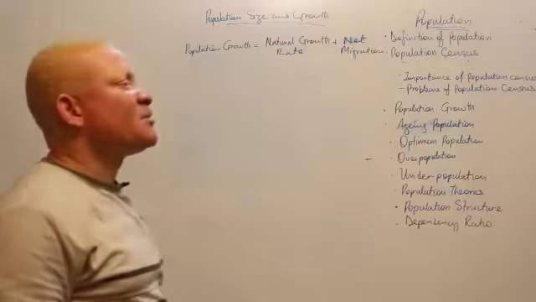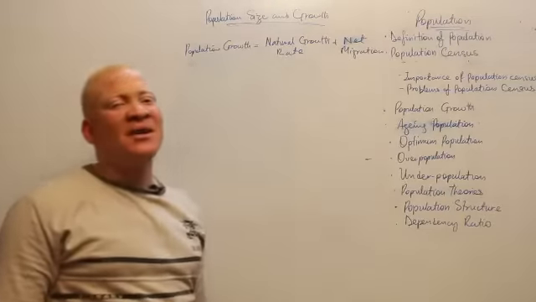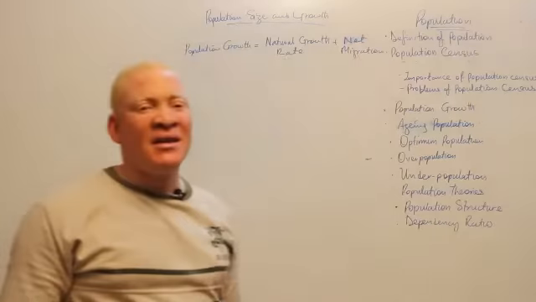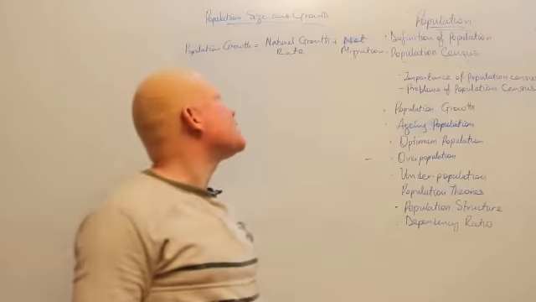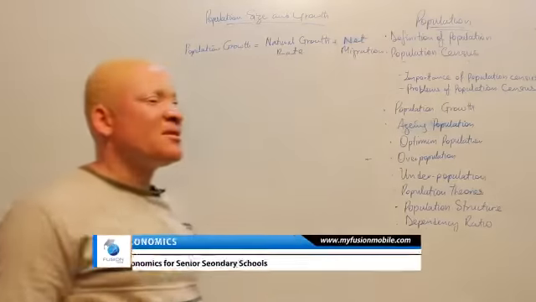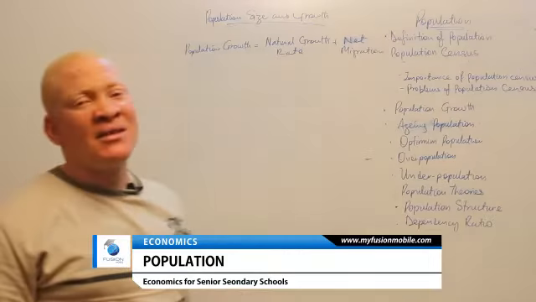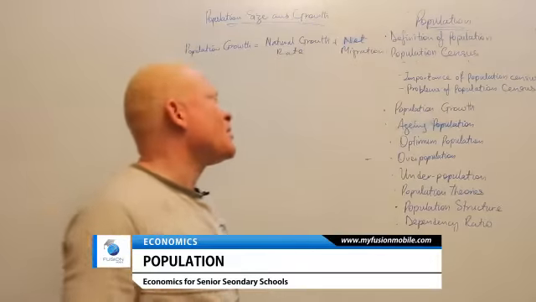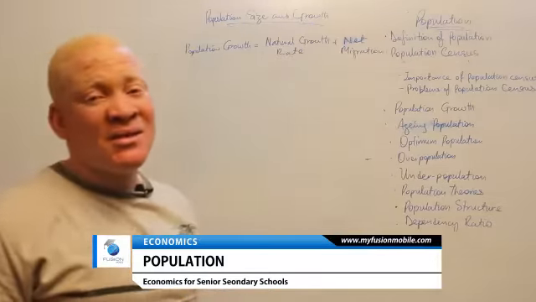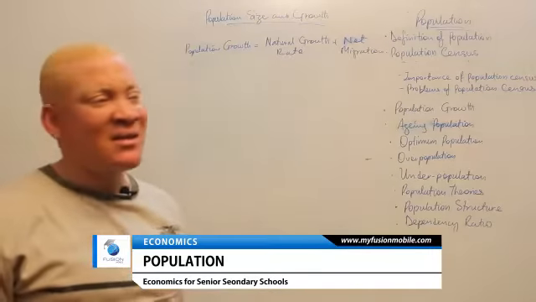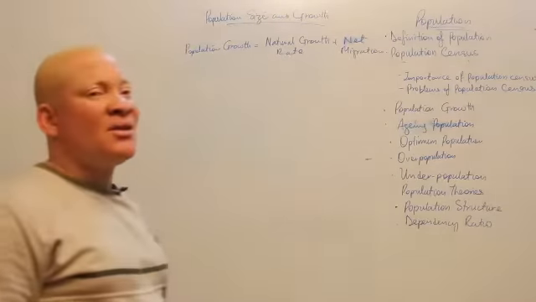Population growth is divided into two parts. We have the natural growth rate and net migration. That means that within a year, if there's an increase in natural growth rate or an increase in net migration, or both of them, then it will lead to an increase in the population size. That increase in population size is what we refer to as population growth.